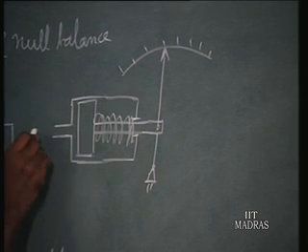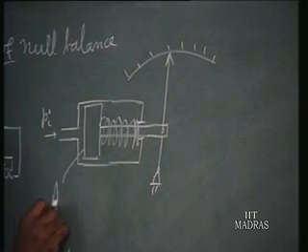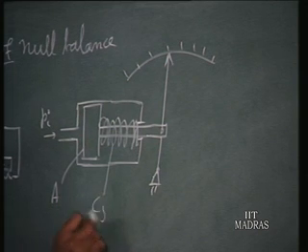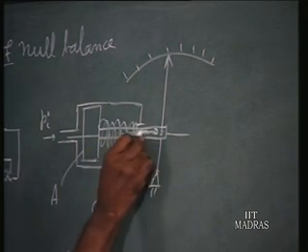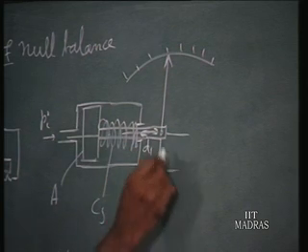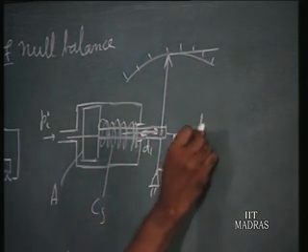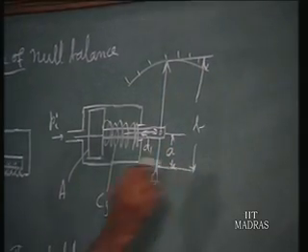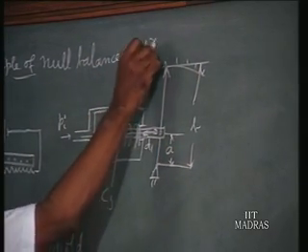The parameters are: this is Pi, the input pressure; this is the area A; this is the spring constant Cs; we have the displacement here as d1; and the lever ratio for the pointer is A and B; and this is our d2 in millimeters, that is our output signal.